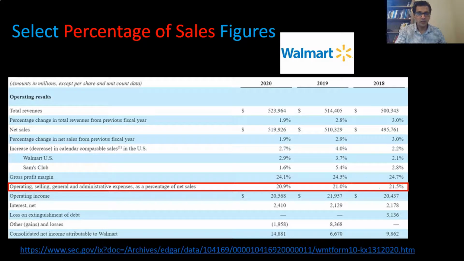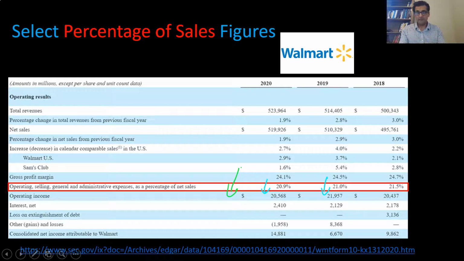You see that these expenses were around 21.5% in 2018, goes down to 21%, goes down to about 20.9%, right? So this ratio is actually falling. There's a downward trend in these expenses.